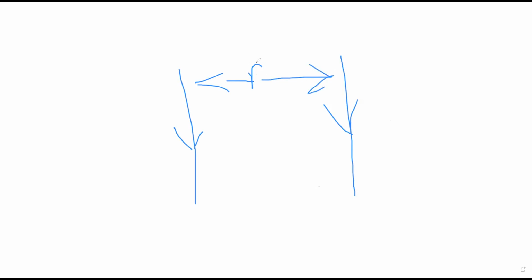You have current passing through 2 straight parallel conductors of infinite length that are a certain distance apart, and R is your distance.